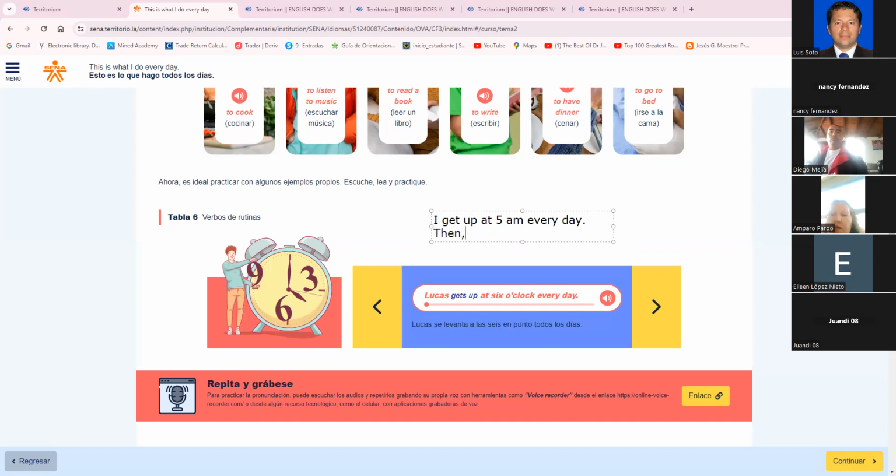Then, coma, después, podemos utilizar el then, el after, o podemos también utilizar el after that, después de eso, para poder unir las oraciones. Listo, vamos a utilizar estas tres. Vamos a ver.